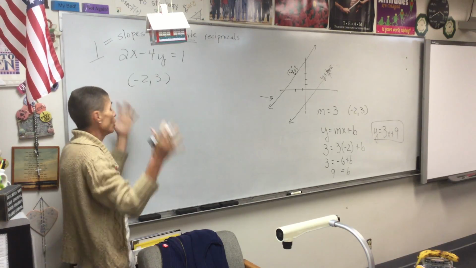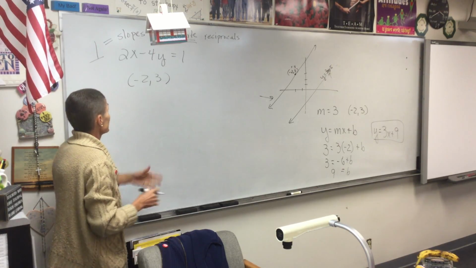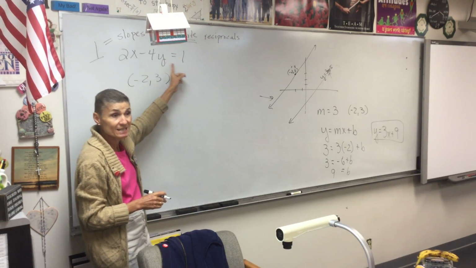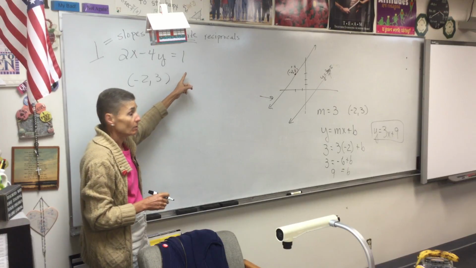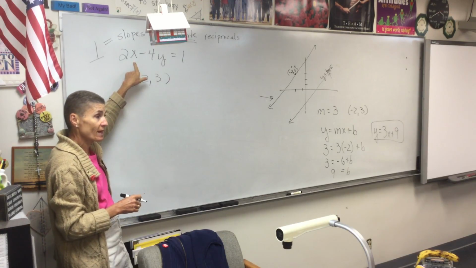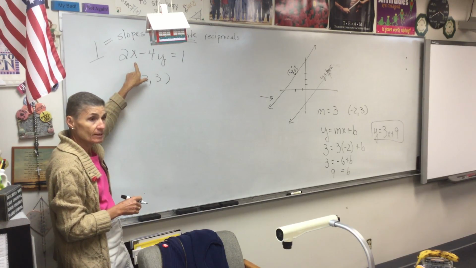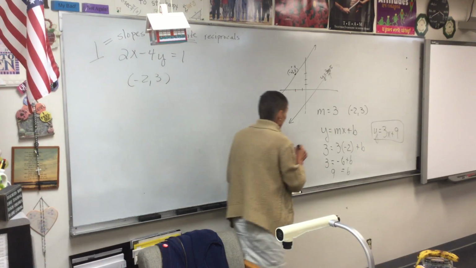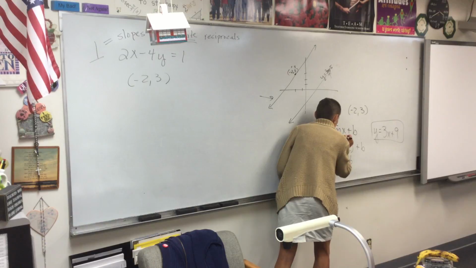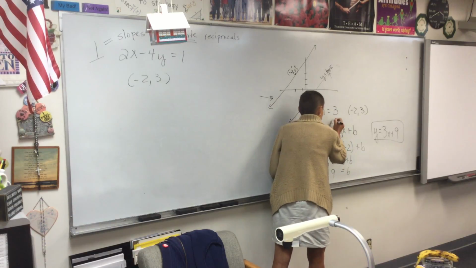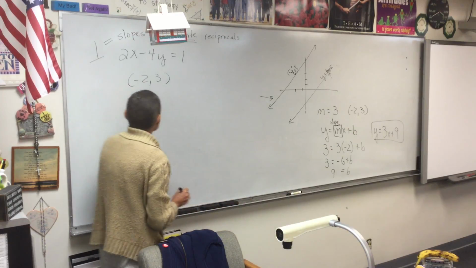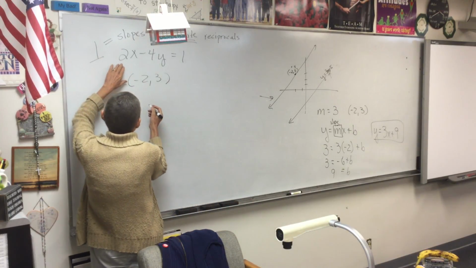So whatever slope I'm going to use is going to be the opposite reciprocal slope of this line. Well, how do I find the slope of that line? Get y by itself. Because if you can get y by itself, here's your slope. So here we go, we're going to get y by itself.